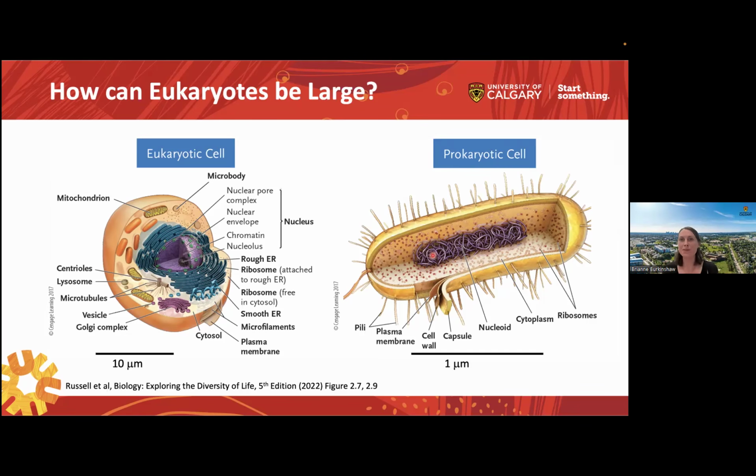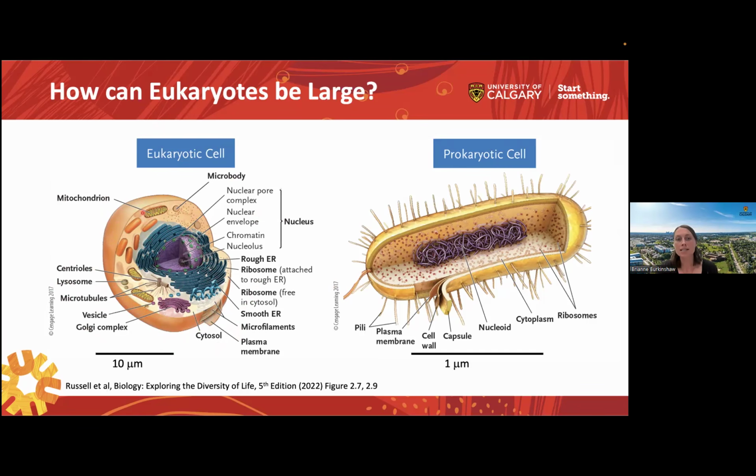So now we can think about the opposite question: how can eukaryotic cells be large? The answer to that connects back to mitochondria. Eukaryotic cells are 10 to 100 times larger than the prokaryotic cell. That means if we think about surface area only as the plasma membrane, it's not enough to support the internal volume of the cell.